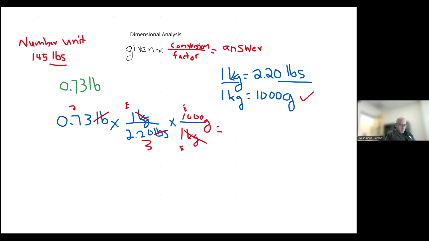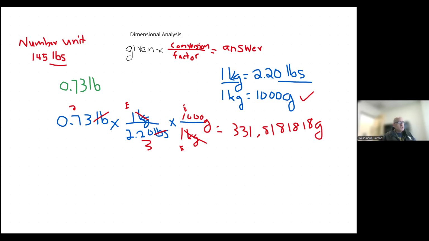So I'm going to take 0.73 divided by 2.20 times 1,000. My calculator spits out 331.818118 grams. And if you write that down as your answer, you're wrong.